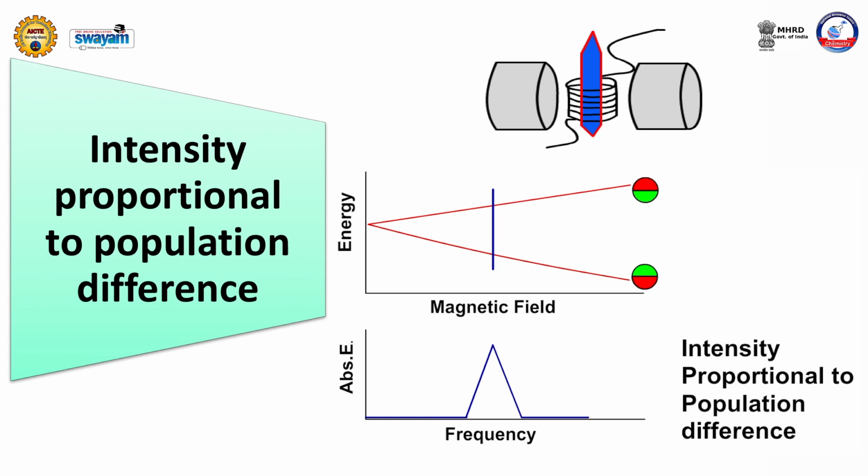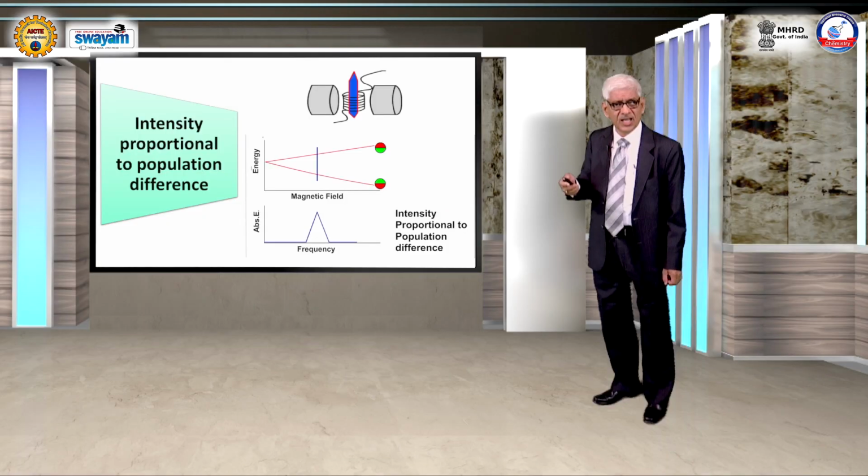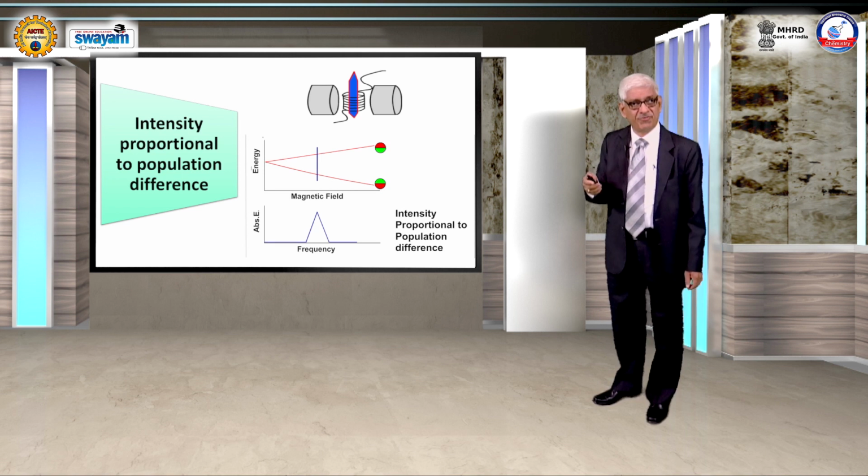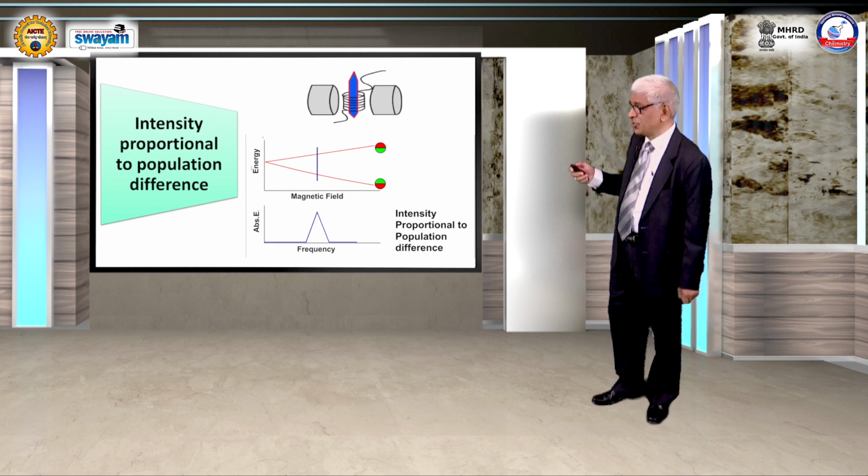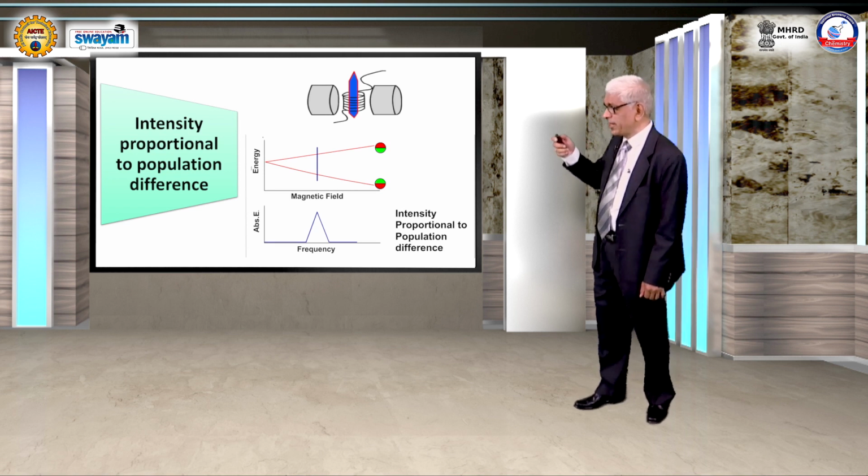Typically the nuclear magnets of protons, carbons, nitrogen-15s are the ones which we normally observe in NMR spectroscopy in chemistry.